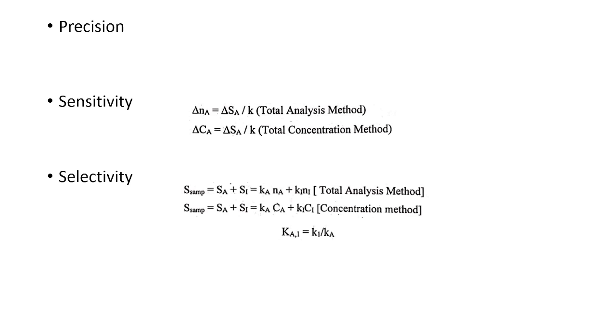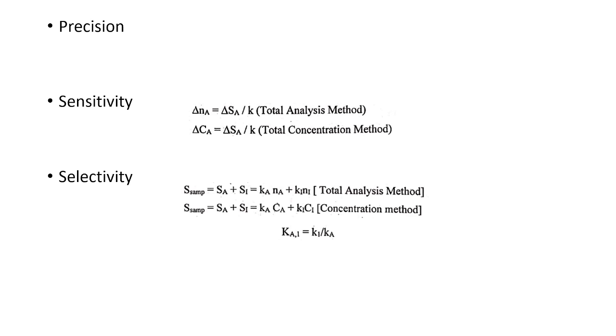But if the value is less than 1, it indicates that denominator Ka is more than Ki. So in that case, the less the value of this ratio, the more the selectivity.